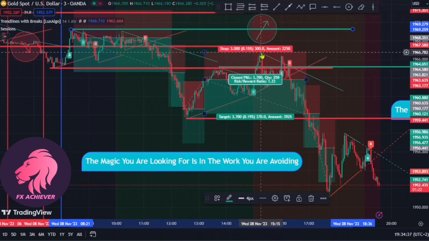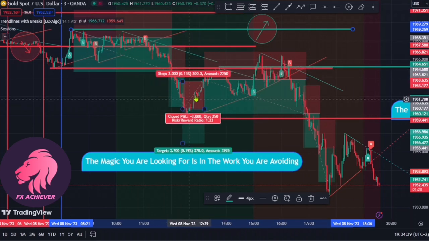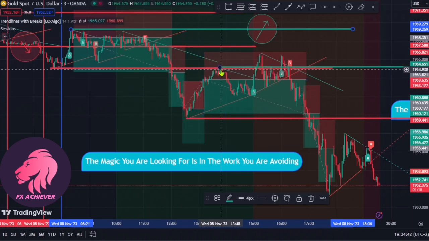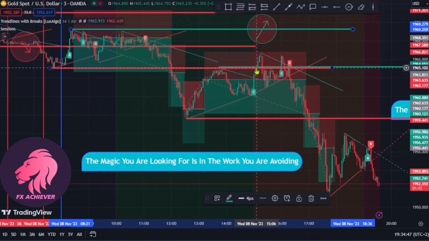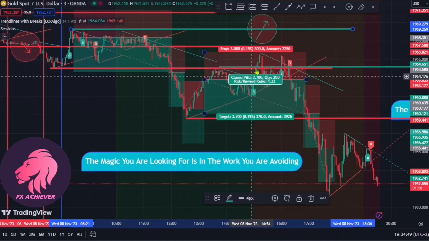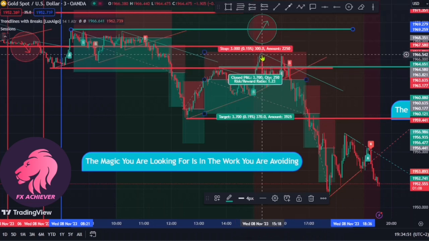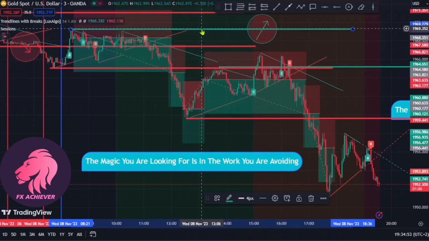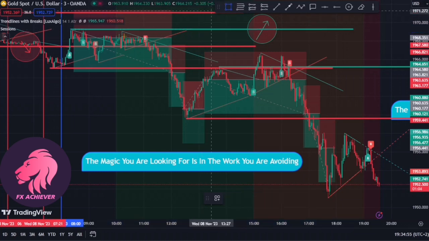When you see this, for example, you can see this higher high or higher low gets broken by this price here. It doesn't count, because this one is our major one. This is the one which price is coming from.